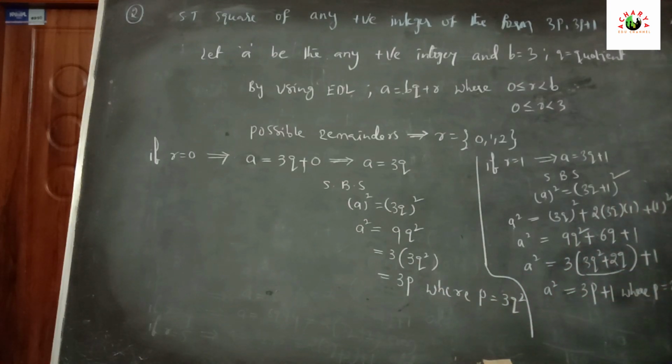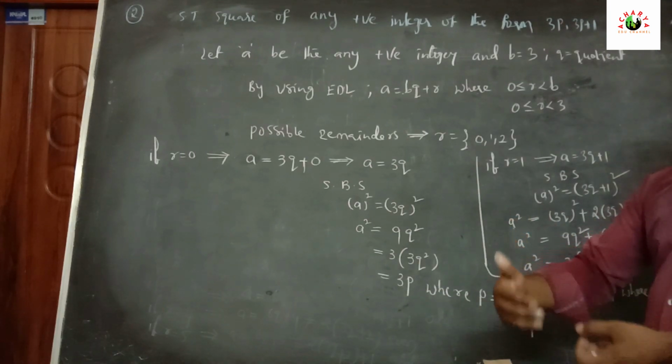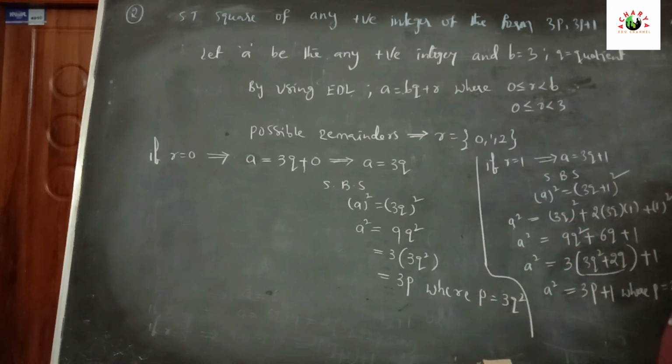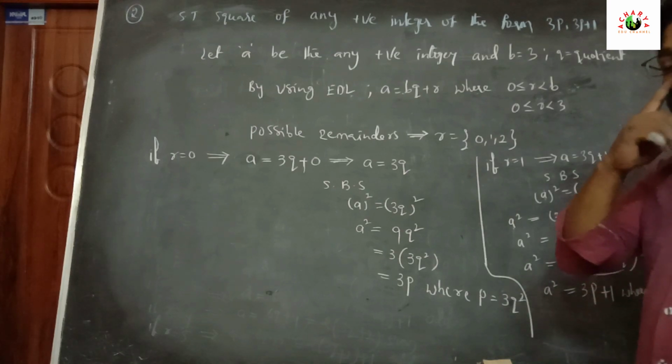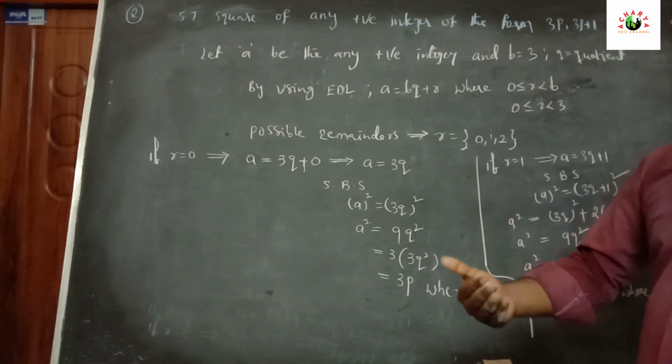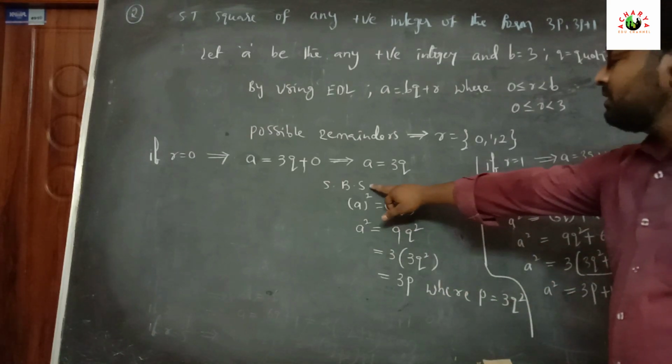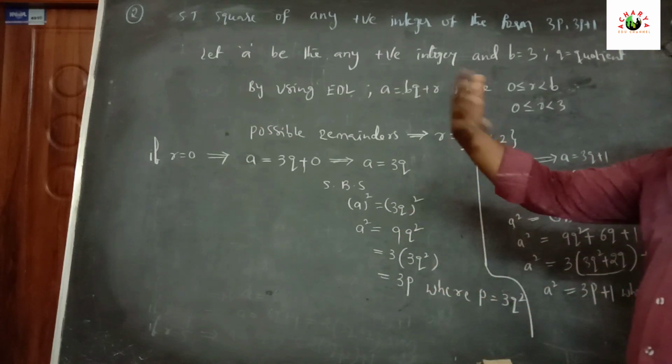Next, coming to the third case. Show that the cube of any positive integer is of the form 9m + 1 and 9m + 8. Here we did squaring on both sides; in that case, we have to do cubing on both sides.